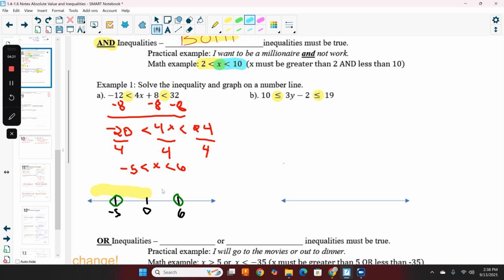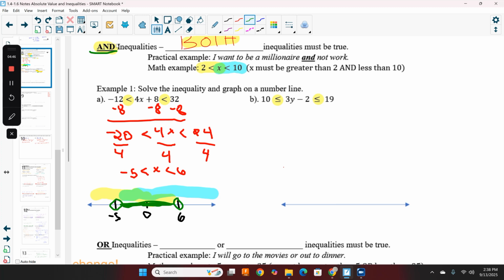And sorry, x is all the numbers less than 6, all those. All the numbers greater than negative 5 is all of those. And of course, that's what I really want to graph, is where those numbers overlap. So what I'm graphing on my number line is all the numbers between negative 5 and 6. And that is for an "and" inequality.